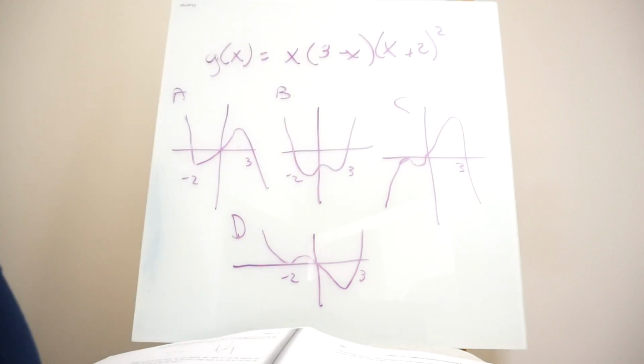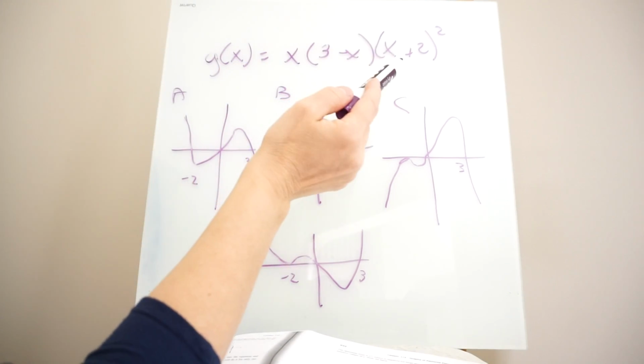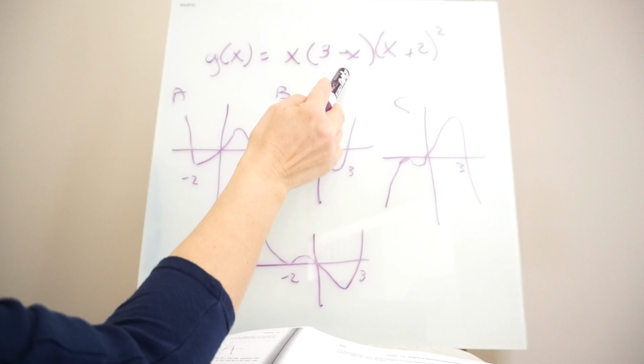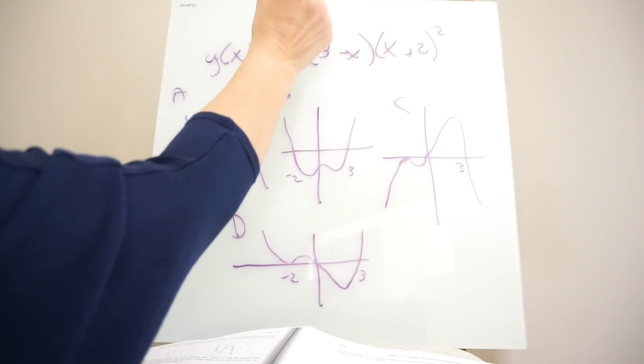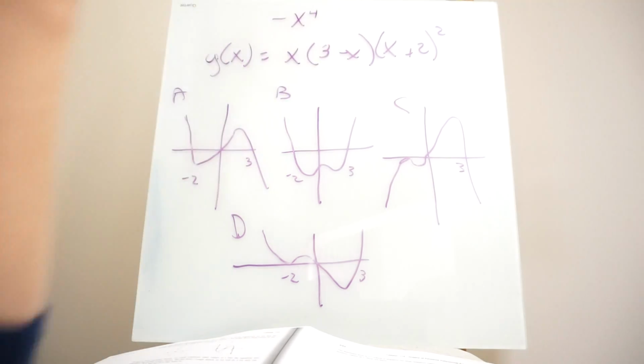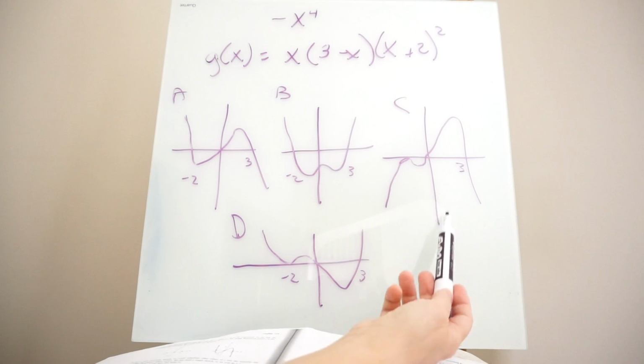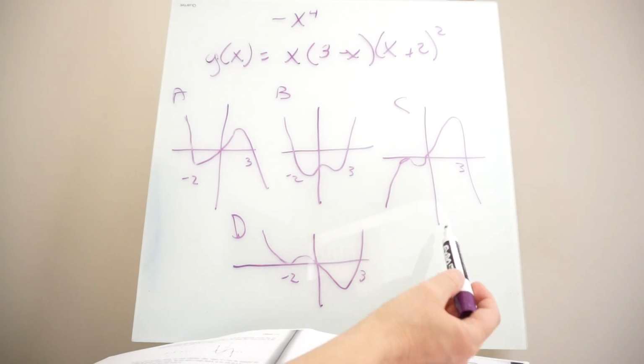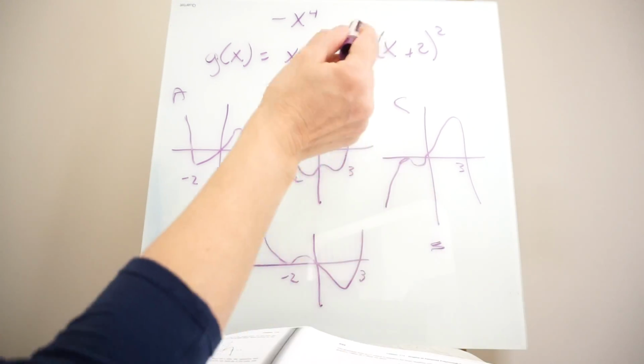So we're looking at a quartic function here. Because of this negative x, that lead term is going to look like that. So we know that it has to be opening down, which actually just with that, I think I'm already here, but let's look at some of the other stuff.